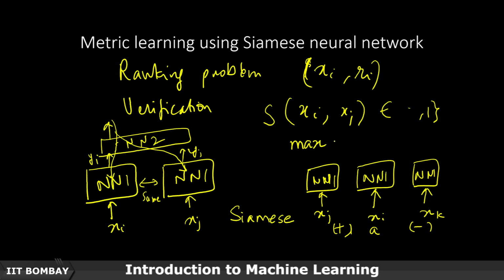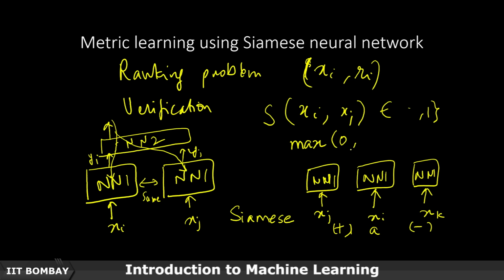Whenever the distance of xi and xj is larger than xi and xk, we are going to penalize that. If the distances are in the correct order, then we are going to have no loss, so we have a 0 comma.